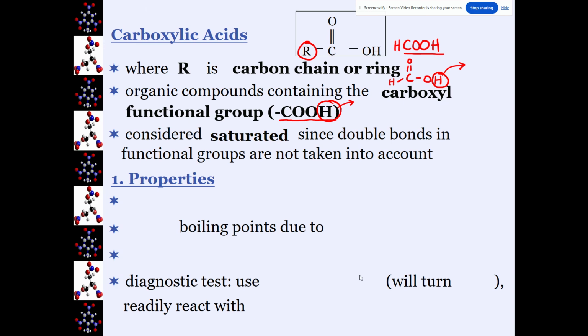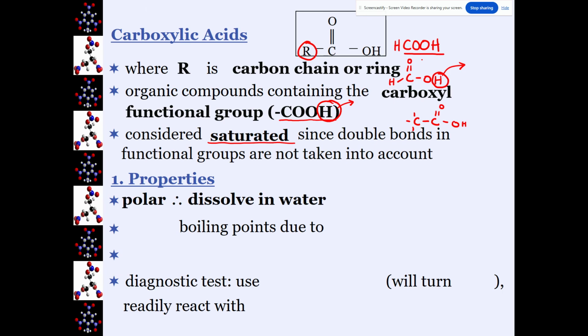Now they are still considered saturated because the carbon-to-carbon bonds, if there are multiple, are all single in these molecules, okay? So when carbon-to-carbon bonds are single, that means the compound is saturated. Also, the double bond in the functional group to the oxygen is not taken into account as making it saturated or unsaturated. It's the carbon-to-carbon bonds that we're focusing on.